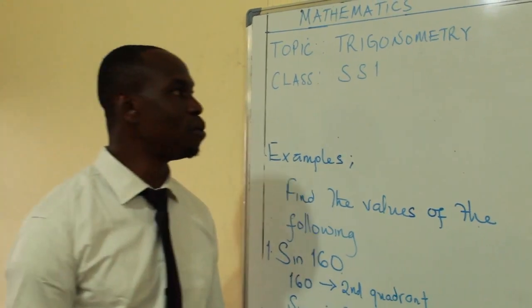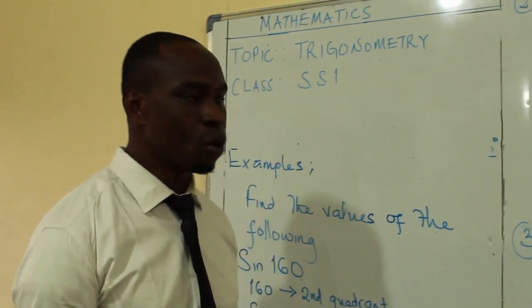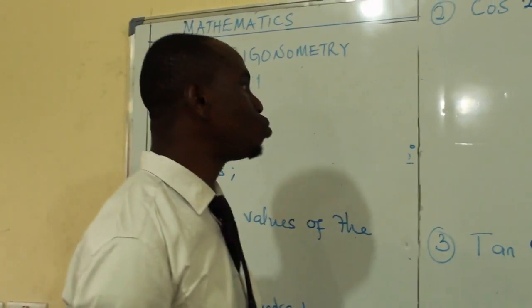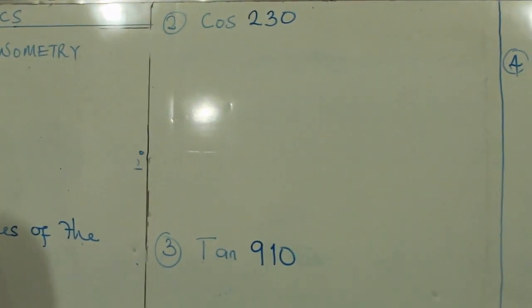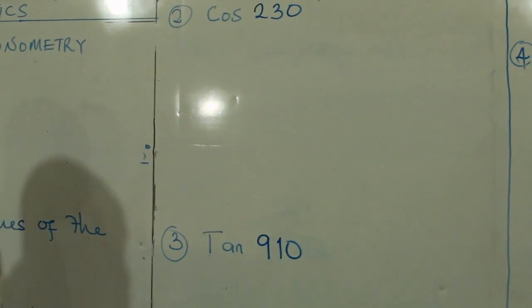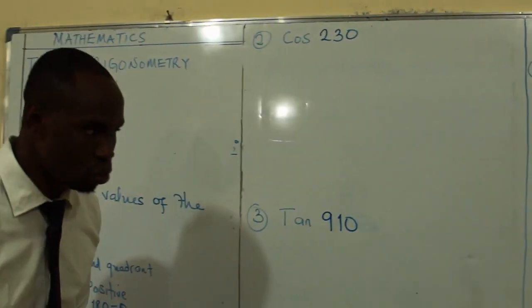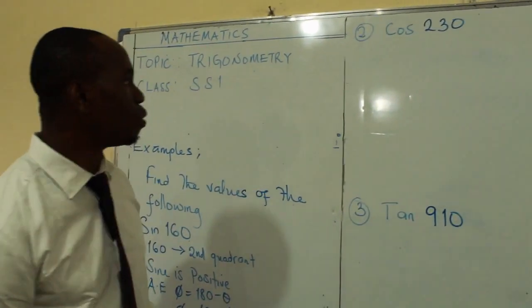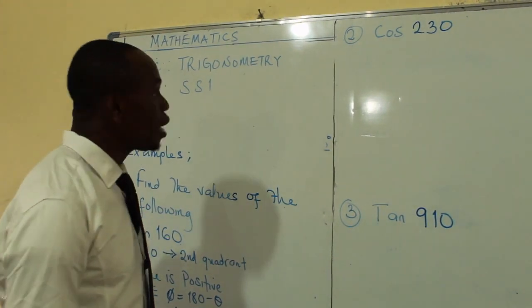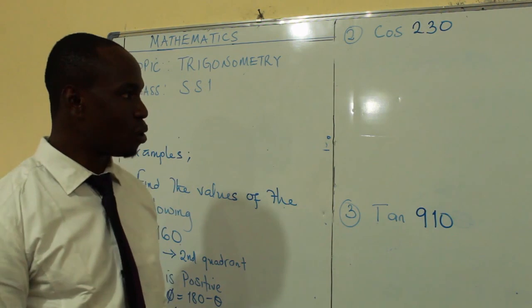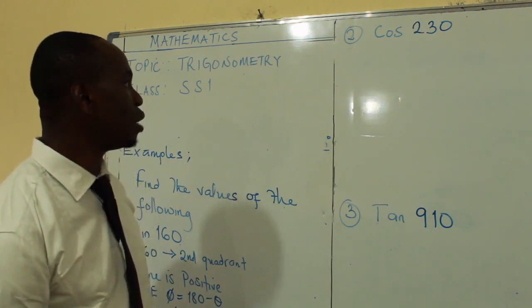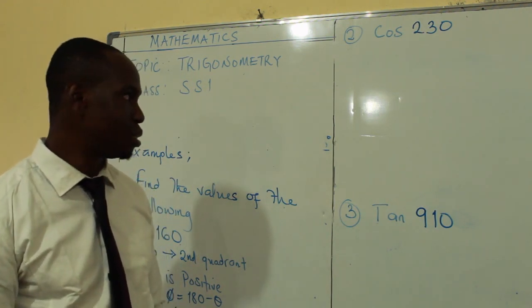The second example I have here is cosine 230. We're being asked to find the value of cos 230 without the use of a calculator. Once I get a question like this, I should look out for the angle in question and the trigonometric identity.